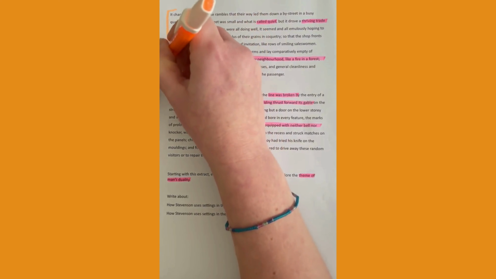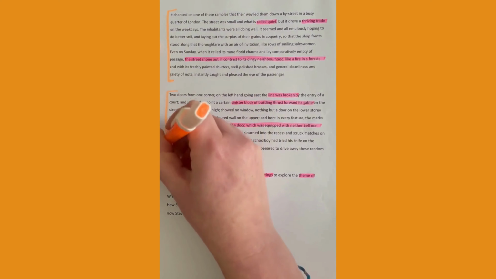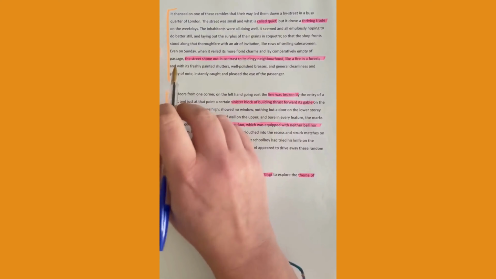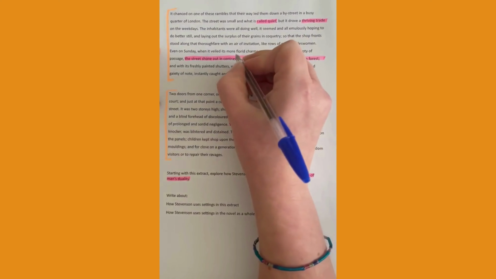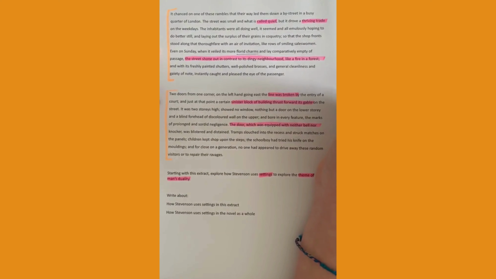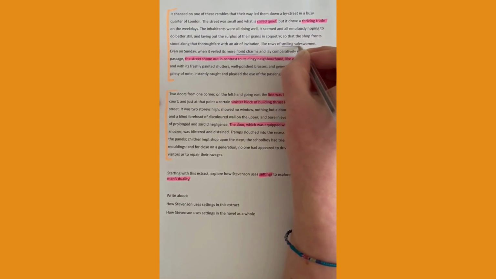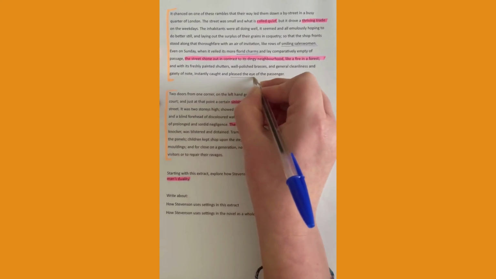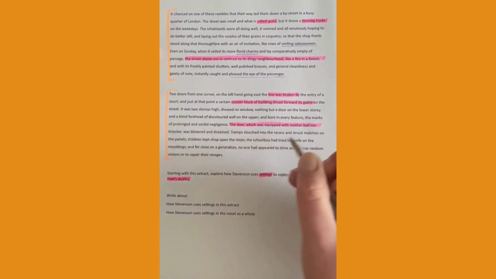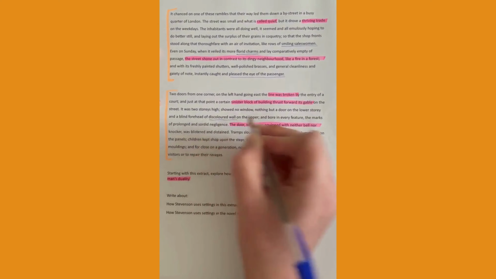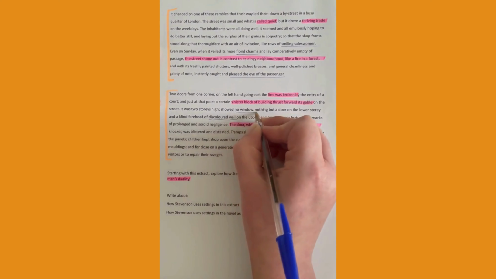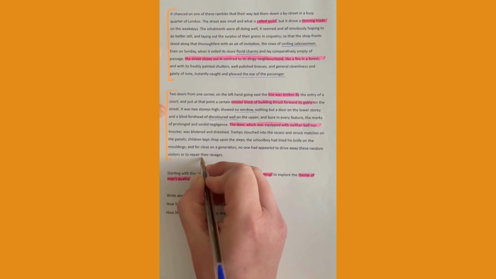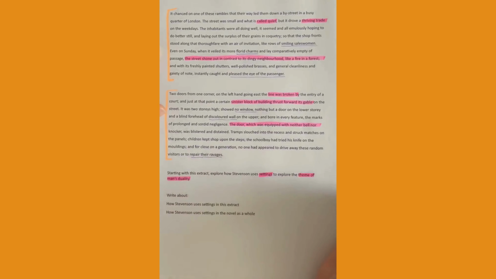What you also have is a direct contrast between the first paragraph and the second paragraph. So you have the description in the first paragraph of the nice place that is cared for, that has florid charms, that is like the smiling saleswoman, that pleased the eye of the passenger, compared to the discoloured wall, no window, no attempt to repair their ravages.